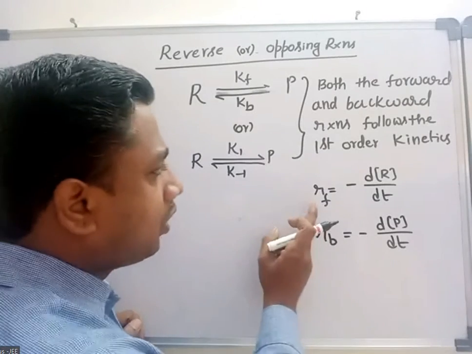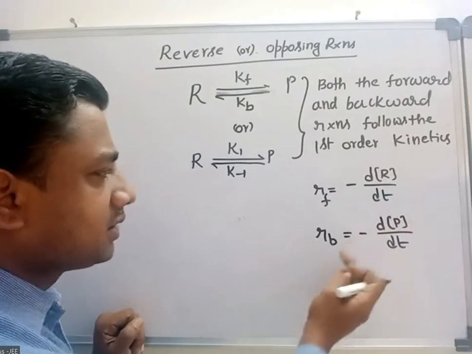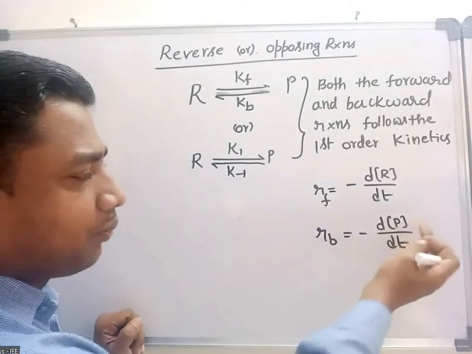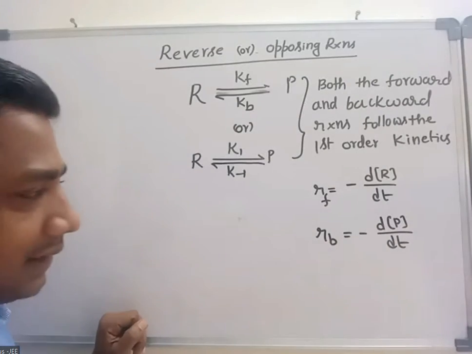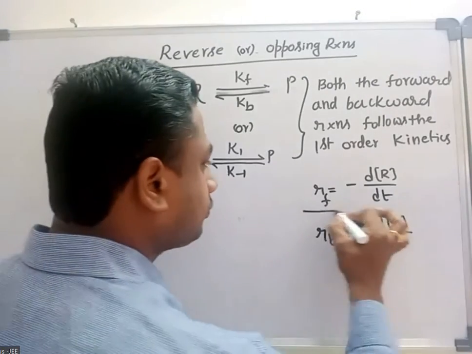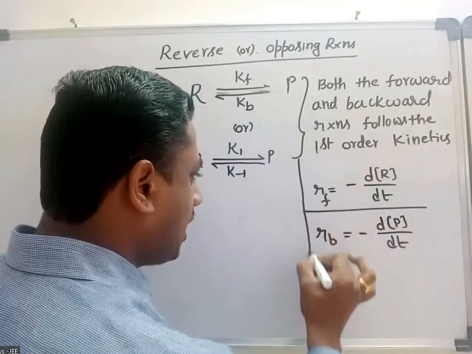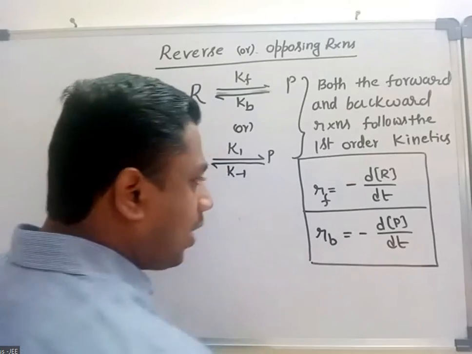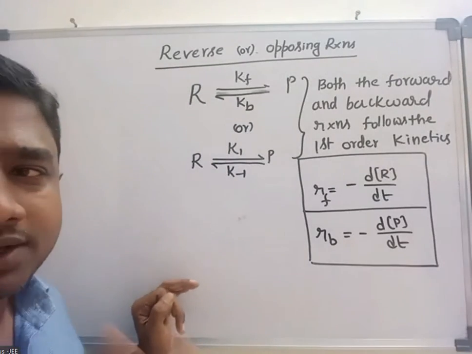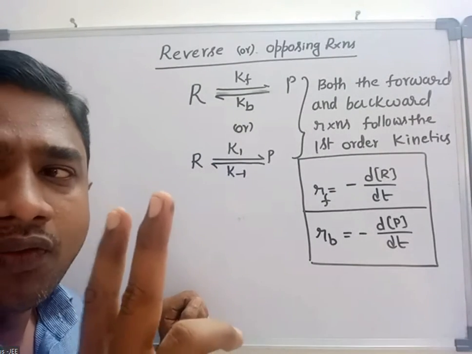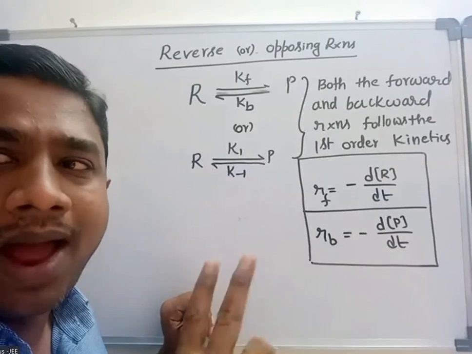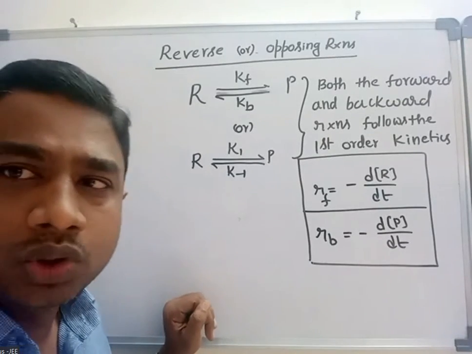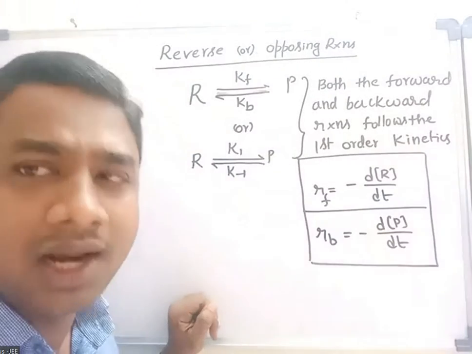Here for the forward reaction, R is the reactant. For the backward reaction, products act as the reactant. The change in concentration per unit time is called the rate. Two kinds of reactions are going on here, forward reaction and backward reaction, and both follow first order kinetics.